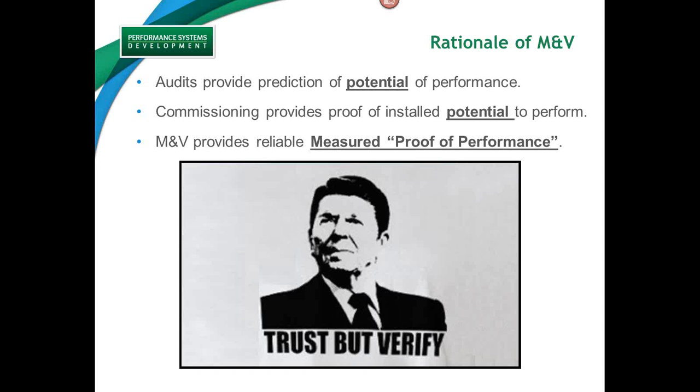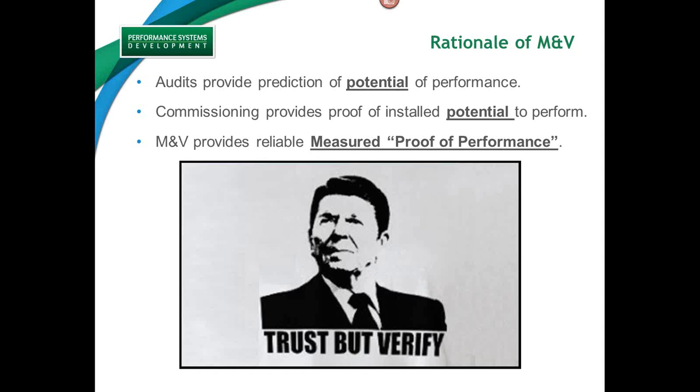The third piece here is measurement and verification, which is designed to provide reliable documentation of measured proof of performance. So this is long-term. This is beyond commissioning. This is into the life of the building, the life of the measure. And just as our friend Ronald Reagan was known for saying, trust but verify.